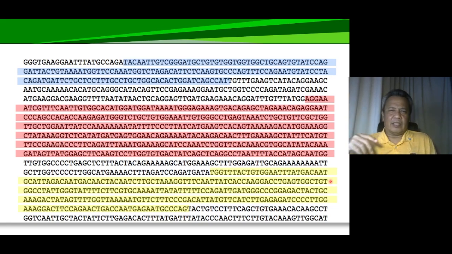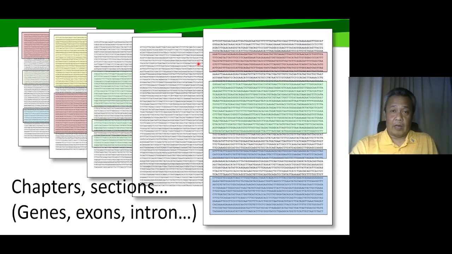So obviously what you need to do is try and read it, and then start to decide, okay, this portion is one chapter, this is another chapter, and so on. And what's worse, I don't know whether you're aware of this, some chapters inside the human book of life are organized in subsections.